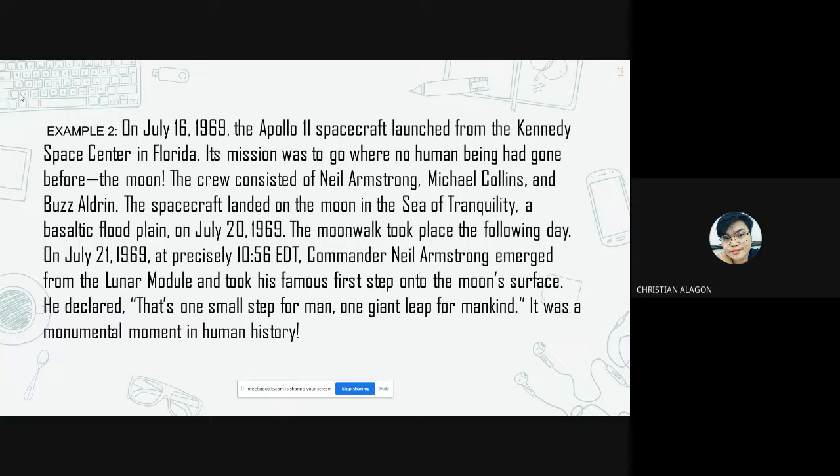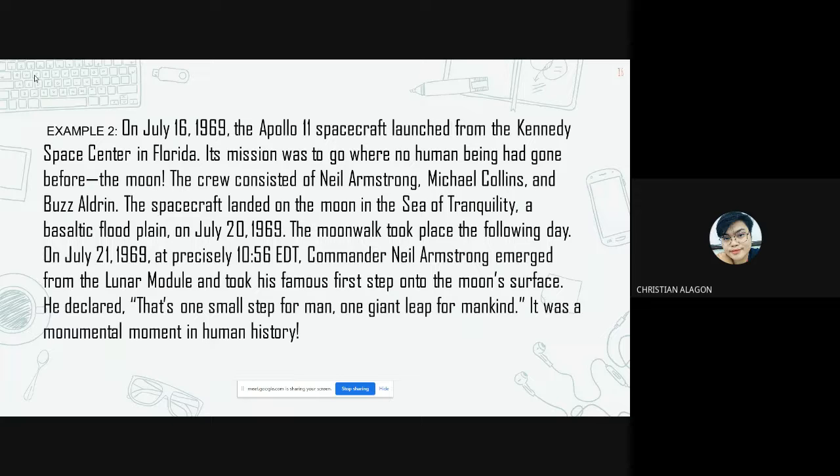He declared, "One small step for man, one giant leap for mankind." It was a monumental moment in human history. So that is the chronological order of how the famous Apollo 11 went to the moon.